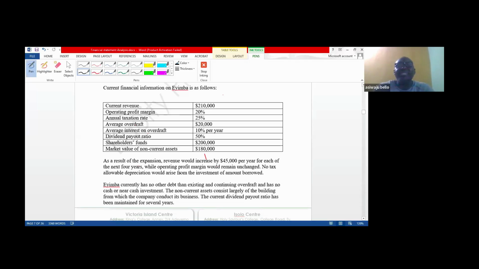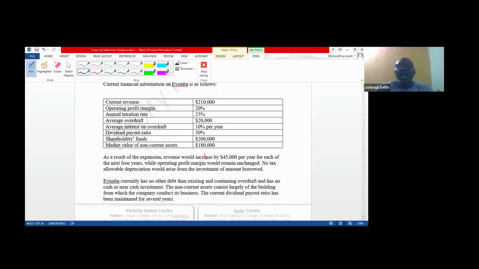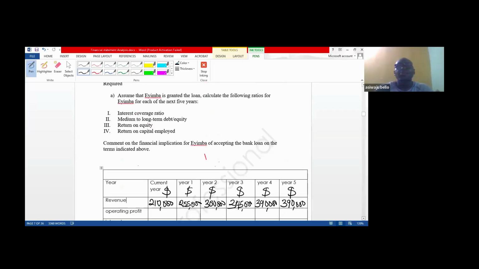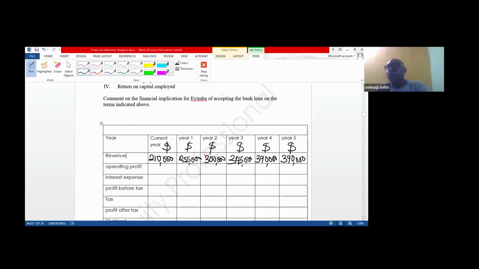And examiner says operating profit margin will remain unchanged. That means 20% remains unchanged. Let us compute our operating profits.